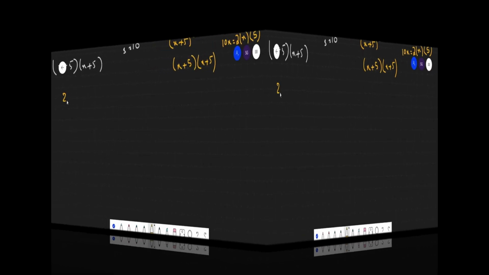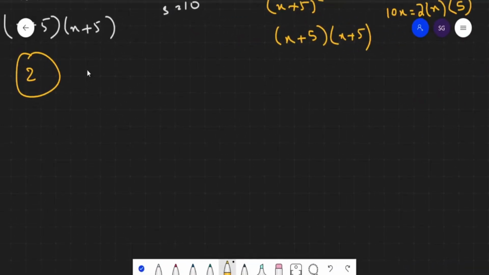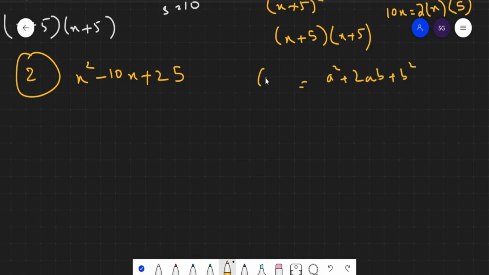So our example number 2 for this rule is x squared minus 10x plus 25. And we are going to use this result, a squared plus 2ab plus b squared is equal to a plus b whole squared. Similarly, if the product term is negative, then you'll have a negative in the middle.